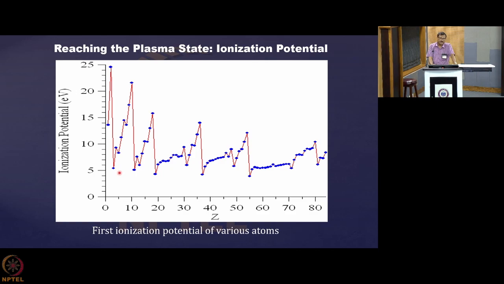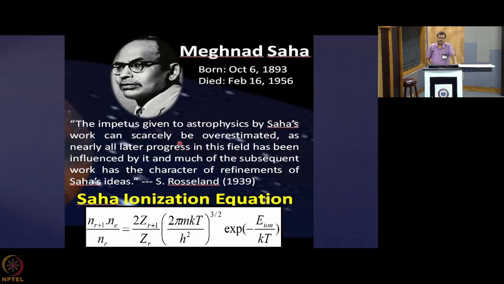For lithium, one electron is just beyond the helium configuration, so you can easily strip it out, which gives a very low ionization potential. Similarly you get a zigzag path, but this graph is very important for us, because whenever you want to create any plasma, the first thing to know is the ionization potential of that particular atom.